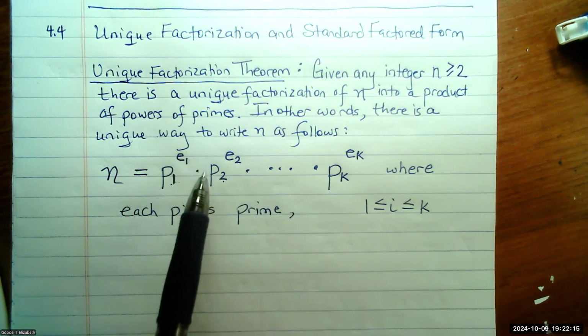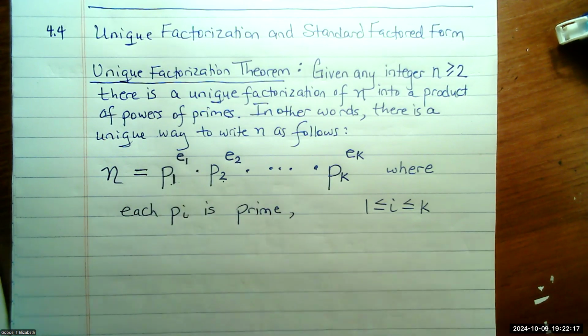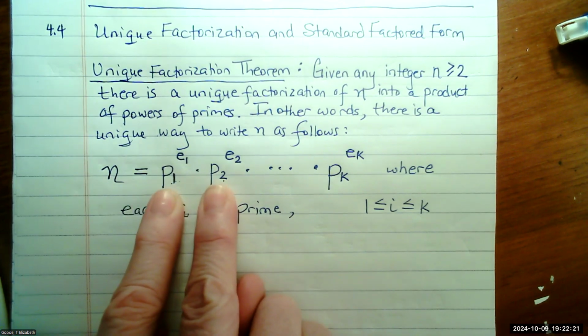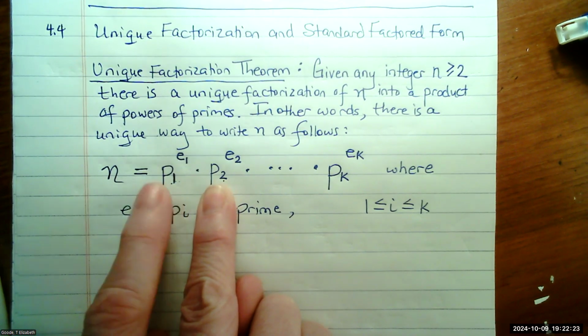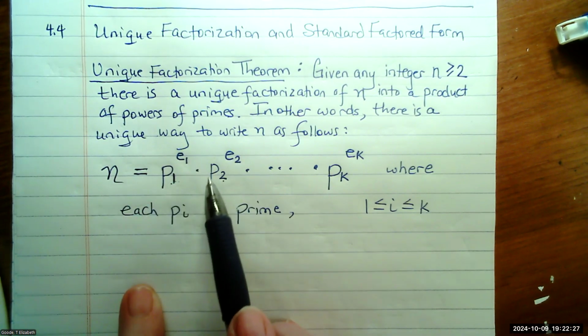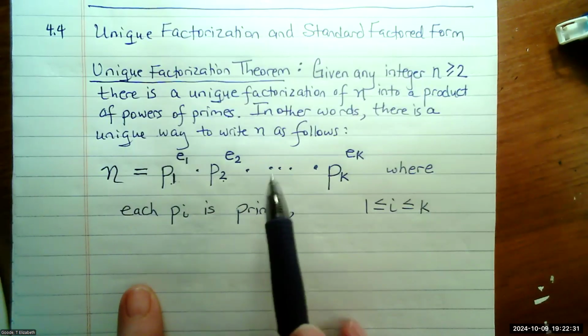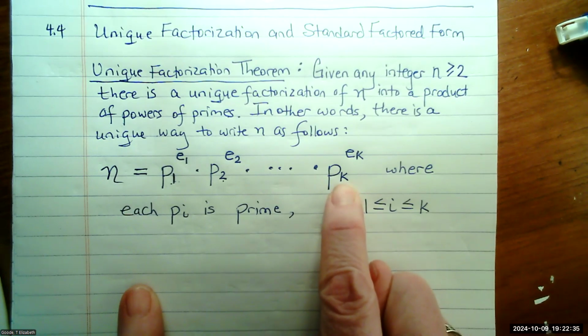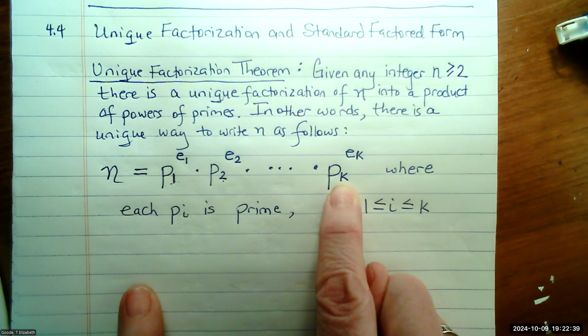Now, one of the things that we want to say somehow, mathematically, is that these primes are in order by size. We want to somehow express the idea that p sub 1 is less than p sub 2, and p sub 2 would be smaller than p sub 3, and keep going up to the point where we understand p sub k is the biggest of all the prime factors of n. How do we say that mathematically?